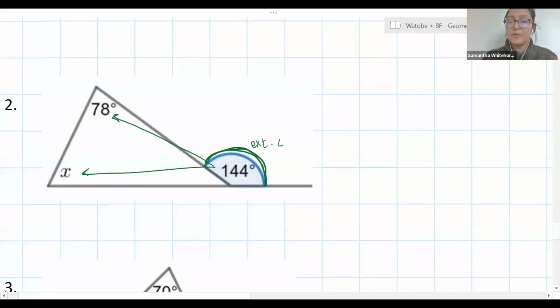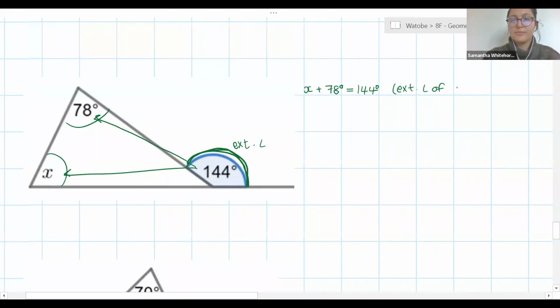Now this is a bit different because one of my opposite angles is x, but that's okay because I know how to set up an equation. I've got x plus 78. So those two interior angles added together must equal 144. And that is because of the exterior angle of a triangle.